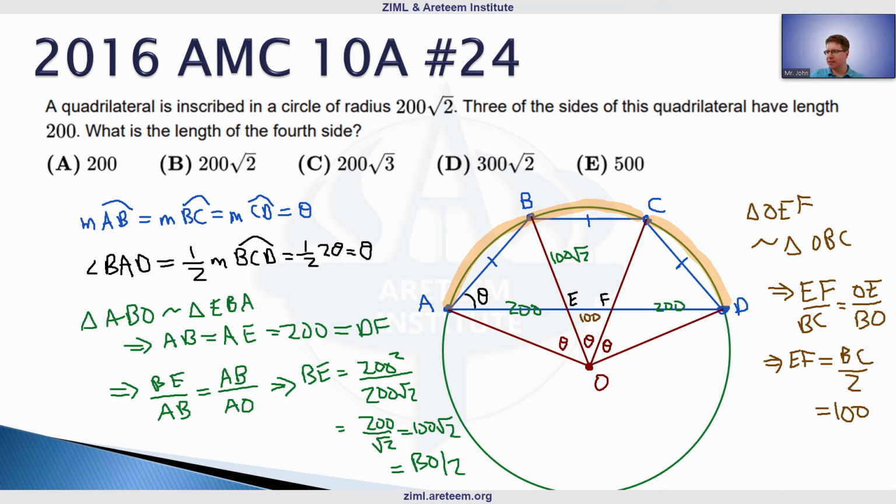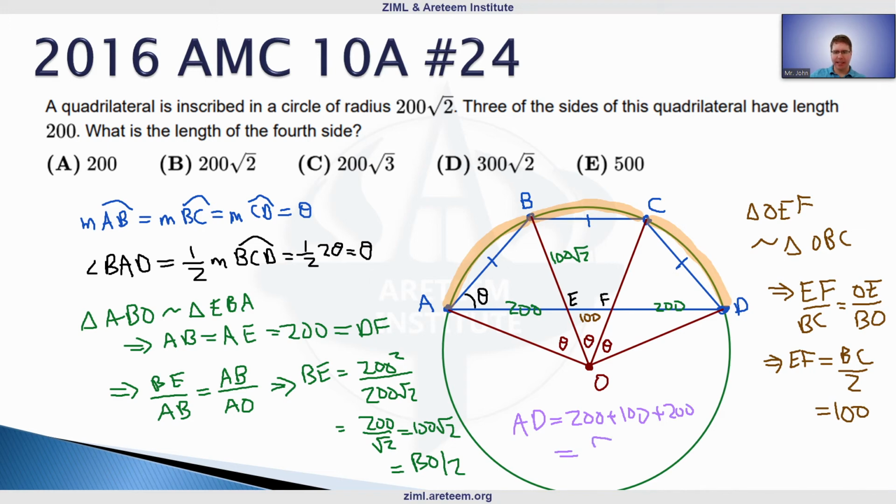Now, let's squeeze this inside of our circle here. We're now ready to find AD for our final answer in this case. So AD is equal to then, well, AE is 200 plus 100 plus DF is another 200.